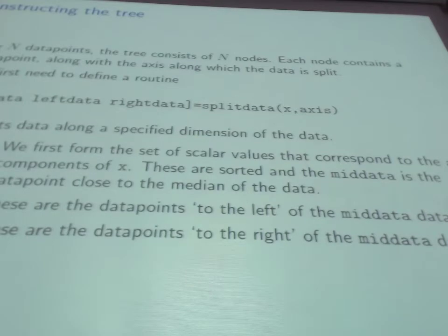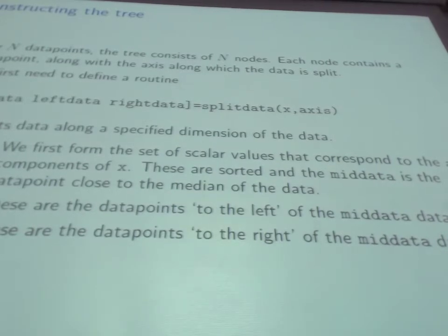And to do that, we're going to build a tree. Okay, and this is where we need to think about how to construct a tree. So what we're going to do, the KD tree itself, for n data points, consists of n nodes. And so each node corresponds to a data point. Okay, and that node will tell us what that data point is, and which points are to the left and which points are to the right for some given dimension.